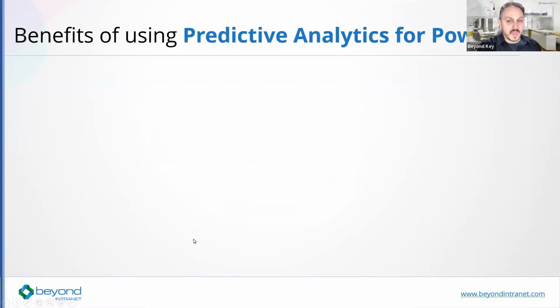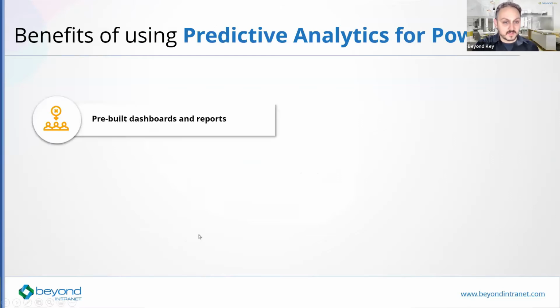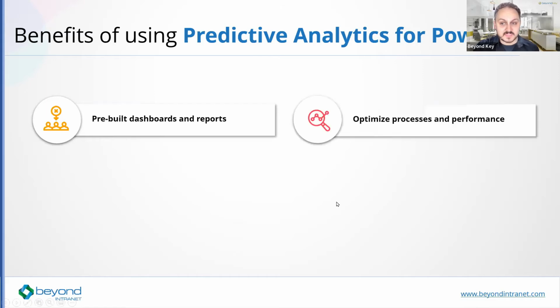Now, Power BI takes predictive analytics and it puts it into an easy to use pre-built dashboard and report. And these pre-built dashboards and reports visualize the data, making it easy to understand and comprehend. At the same time, by making this easier, making this a lot more usable, you're optimizing your processes and performance.